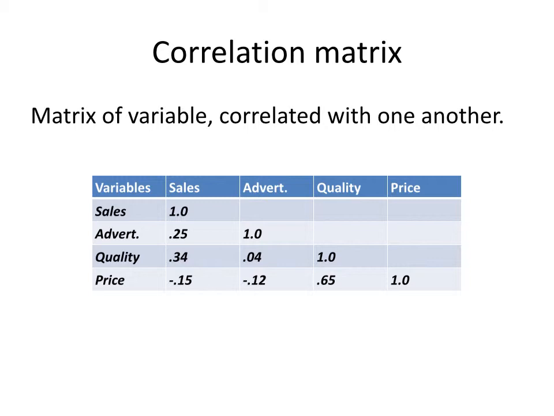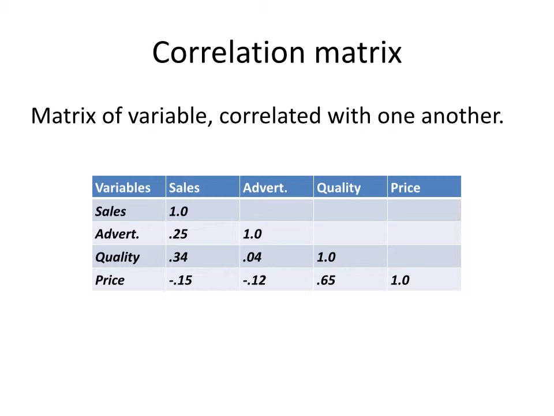Also we see that product quality is associated with sales, which is also a good sign, certainly for engineers who invest a lot in trying to make higher quality products. And that price is negatively associated with sales. So that's the first column, and that reflects simple economics.